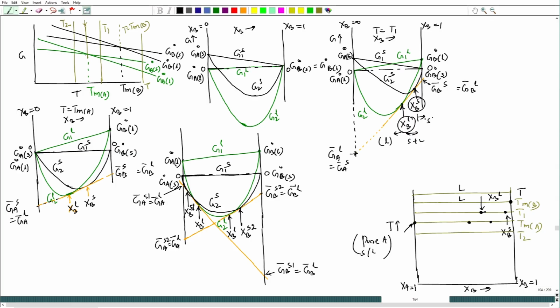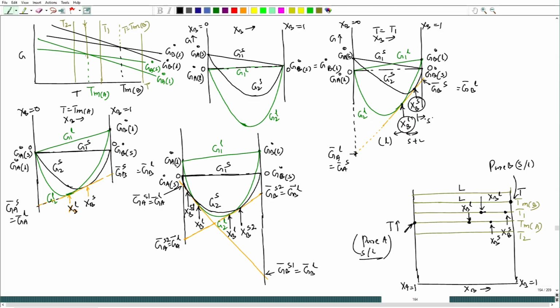So there will be 3 points. This point corresponds to XBS, this point corresponds to XBL, and this point corresponds to pure A solid and liquid, and here this point is pure B solid and liquid, both having the same free energy, solid and liquid, pure B.